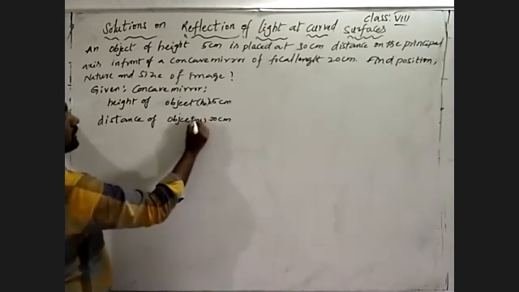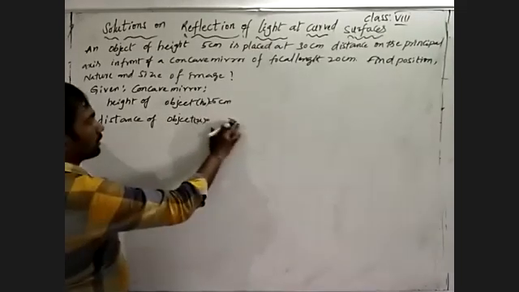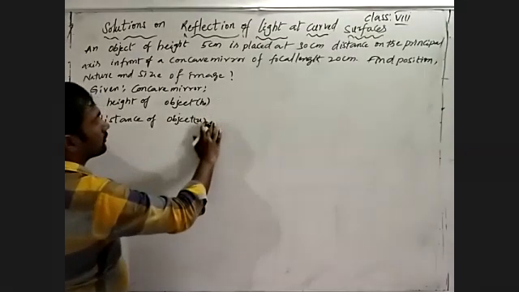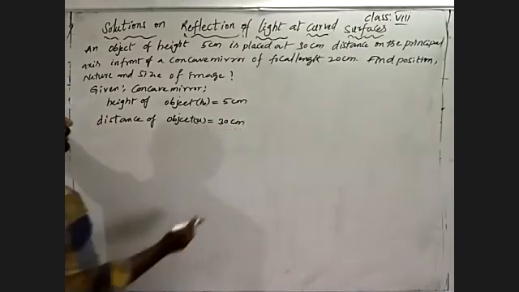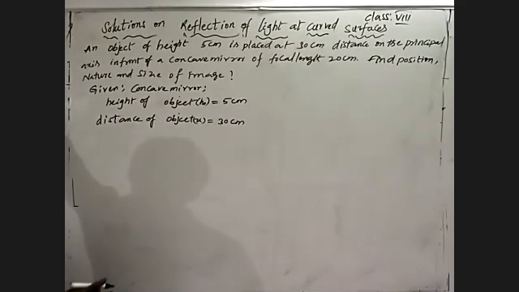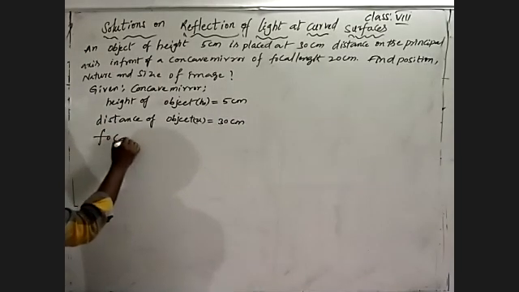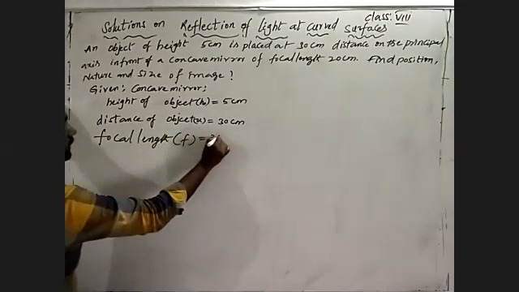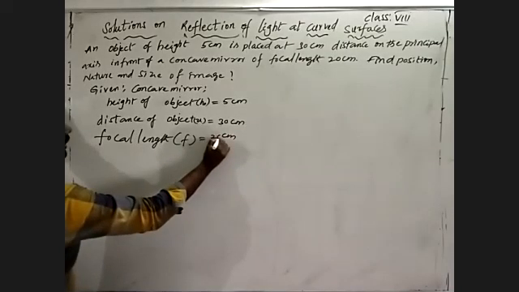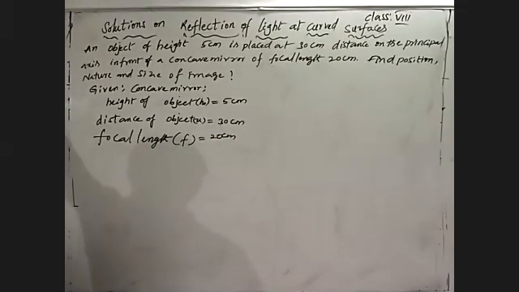Object distance means u is given. 5 centimeter is given, this 30 centimeter is given. And one more given: focal length, 20 centimeter. We have to find position, nature and size of the image. Position of image means we have to find the image distance, at what distance the image is forming.